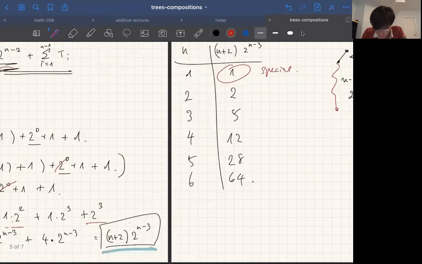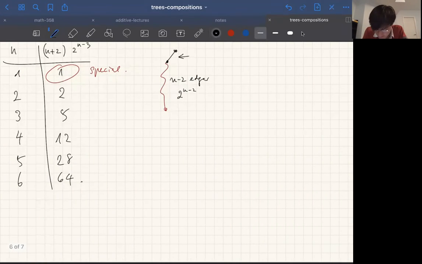And then we have the sum of the T_i. Let me just write it here so I don't keep flipping around. So it's 2 to the n minus 2 plus the sum for i equals 1 to n minus 1 of T_i.